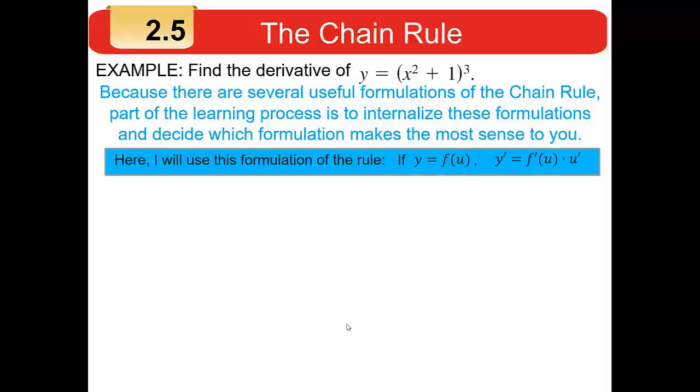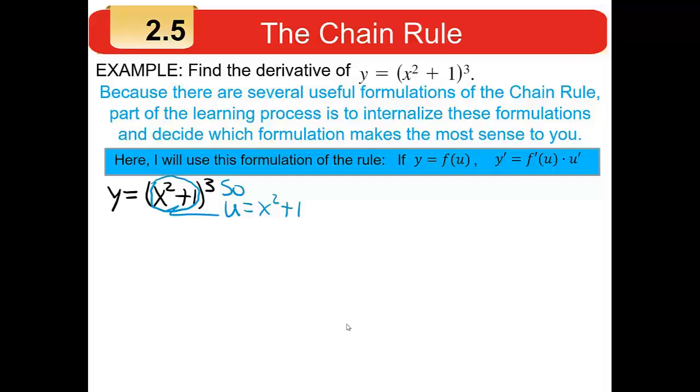I'm going to choose the one I presented just a second ago and look at it like this. If y is equal to f of u, then y prime is f prime of u times u prime. If you're going to think about it that way, your main goal is just to figure out what the u is. And the u is the thing raised to the third power here. So the u is the inside function. So it's the x squared plus 1.